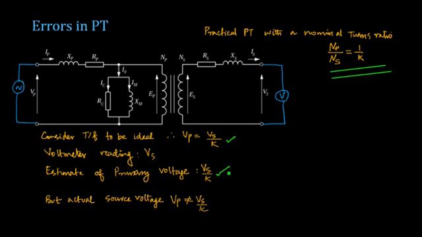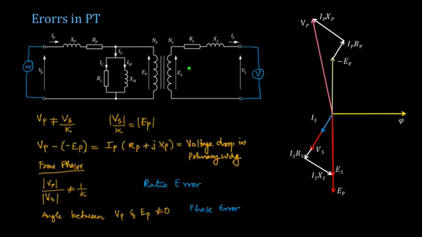But practically, is that the value? It's not the value, because actual source voltage Vp is not equal to Vs by K. We think that Vp is equal to Vs by K, but practically Vp is not equal to Vs by K. What is the issue here?